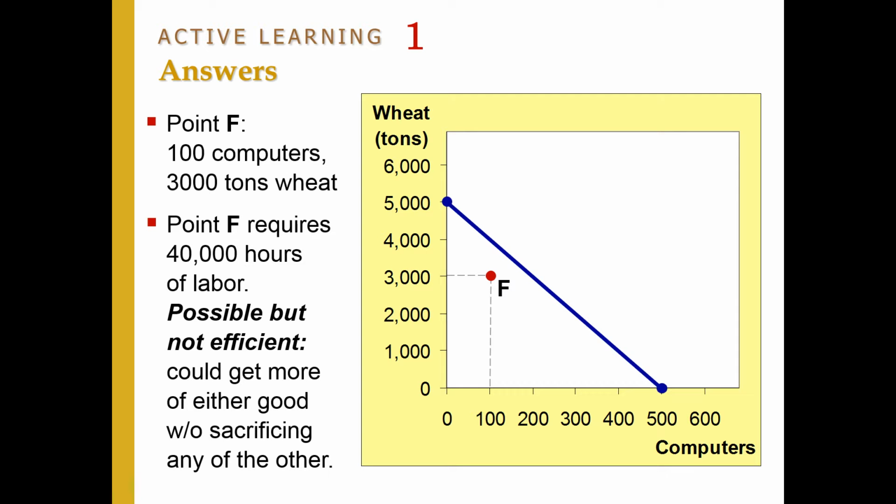So clearly, we could decide as an economy to produce at point F. But that would not be efficient, because we could actually get more of either good without sacrificing any of the other good by simply moving towards the line. So points inside the curve are possible, but they're not efficient uses of our resources. That's what point F would be.